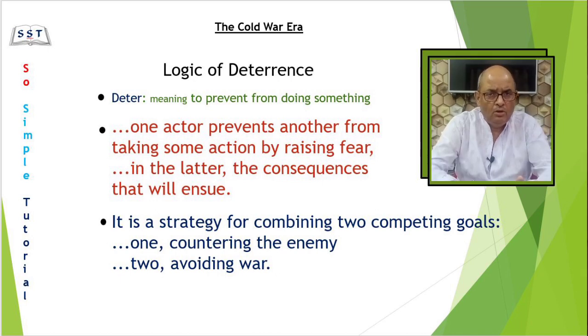An enemy will not strike if it knows that the defender can defeat the attack or can inflict unacceptable damage in retaliation. This is what was happening here. Both the US and the USSR had the capacity to retaliate against the nuclear attack and cause destruction to each other. But none of them wanted to initiate the war.